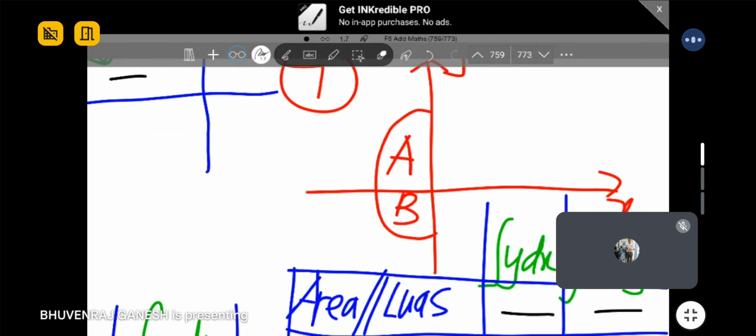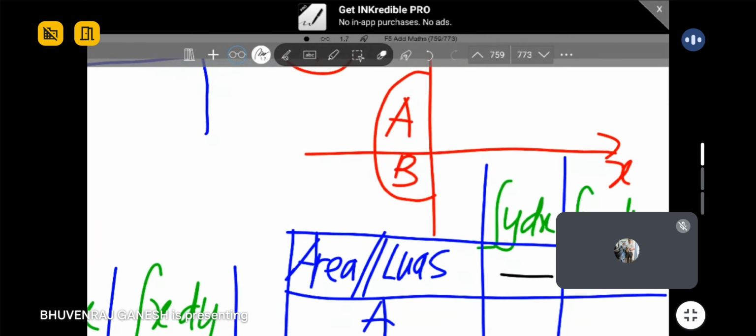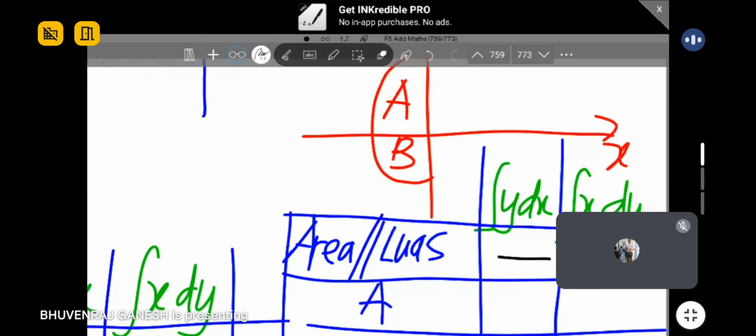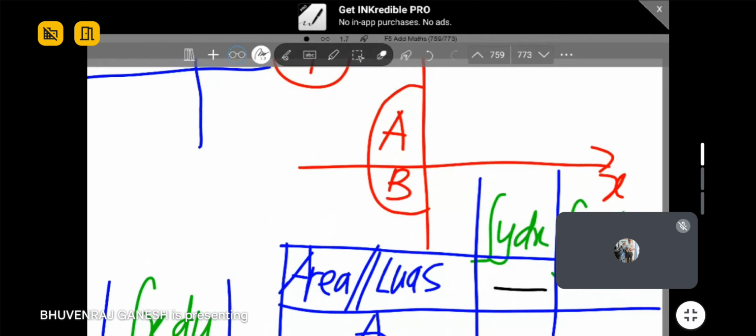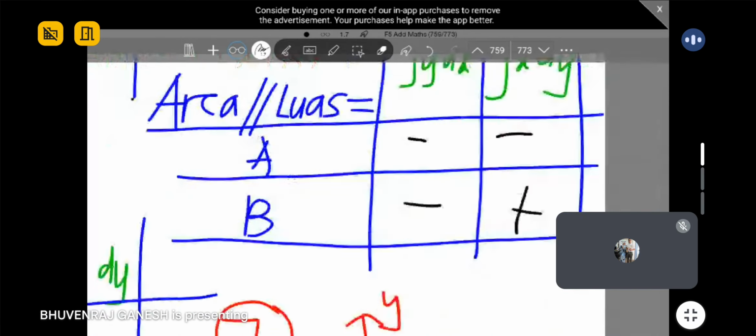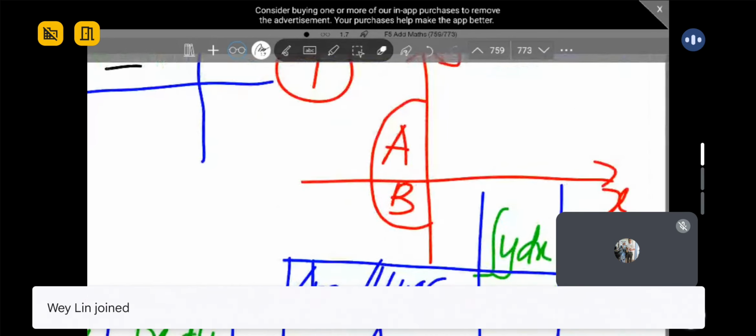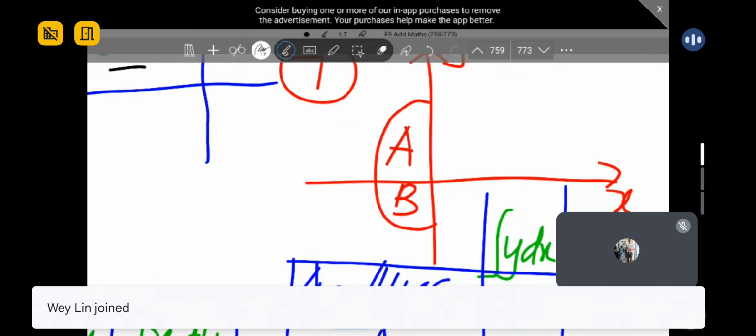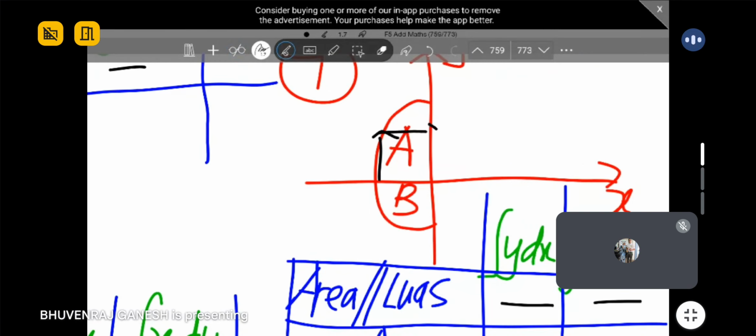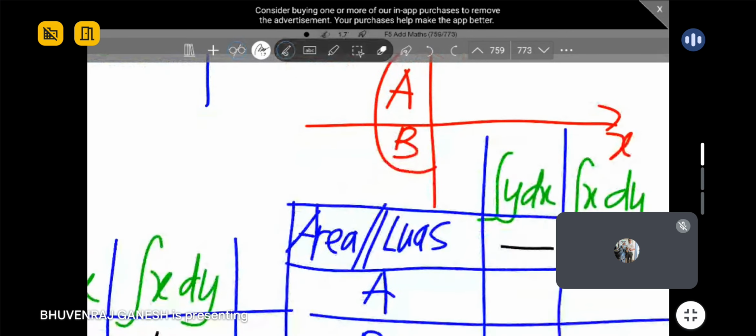Bukan negative negative tau. Satu saja negative. Y positive, X negative. Okay, Y positive. Let me check. Okay, so if X axis, yes, Y akan positive because you have a positive value here. So means that your area will be positive for Y. Okay, so this one is positive. Okay, this one actually nothing. I should not write like this. Okay, just cancel it off.